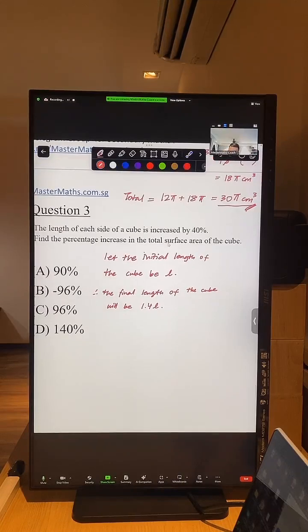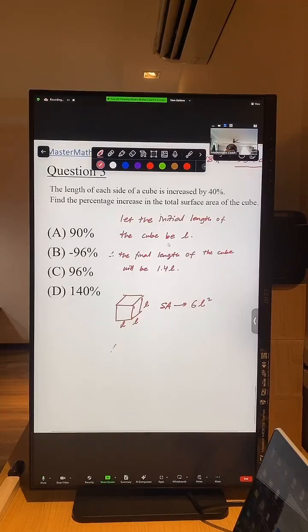So the cube at the start is like this, with side L. The surface area will be 6L square. Agree? 6L square. And then now I make it a bit bigger.